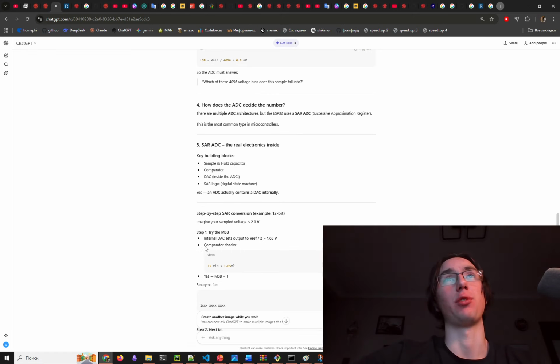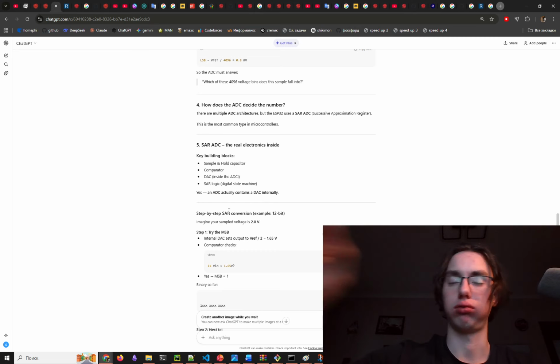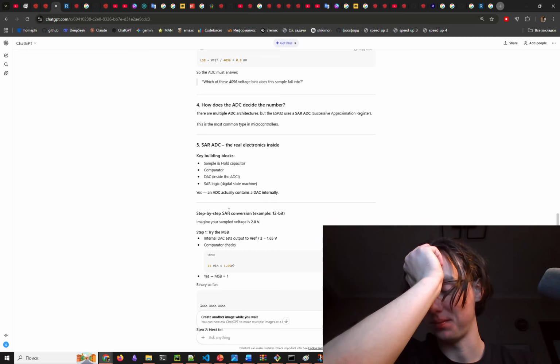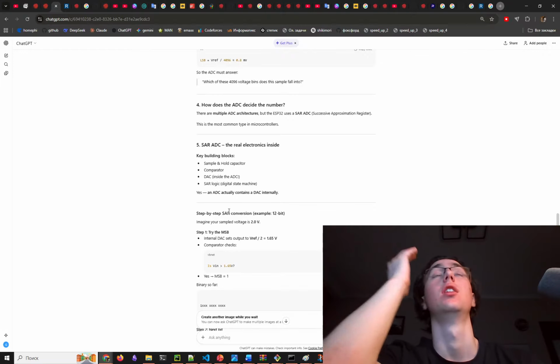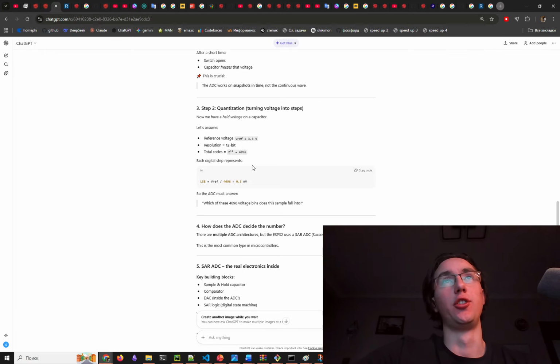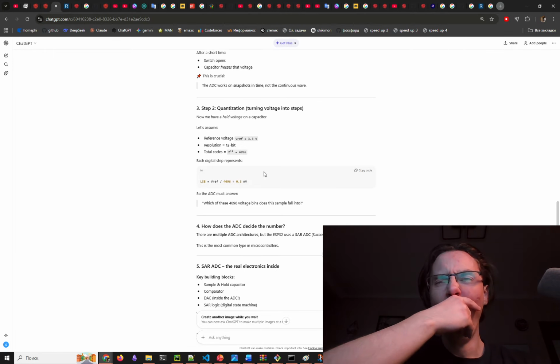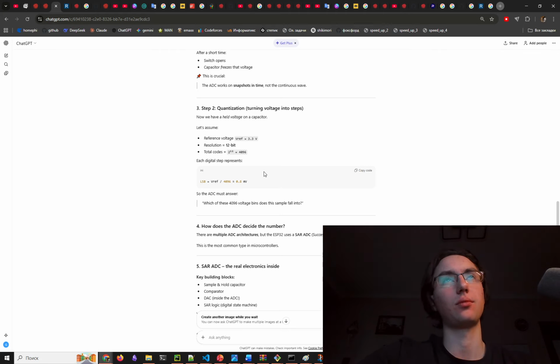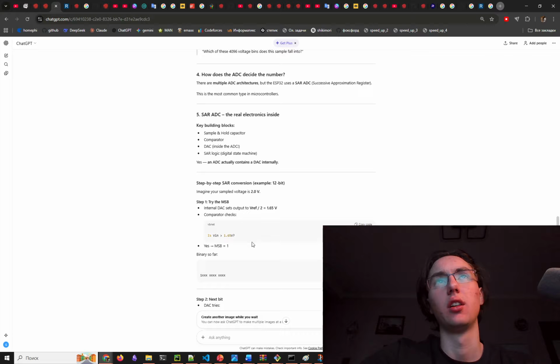So the ADC has some comparator that can actually determine which of these voltage bins the sample falls into. There are multiple ADC architectures, but the ESP32 uses a SAR.